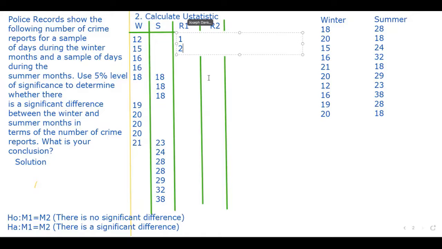What are their respective positions? 3rd and 4th. So you add 3 plus 4 and divide by how many 16s are appearing, which is 2. 3 plus 4 is 7, divided by 2 is 3.5. You share it for them, 3.5. Now we've moved on: 1, 2, 3, 4. So the 18 here will be what?